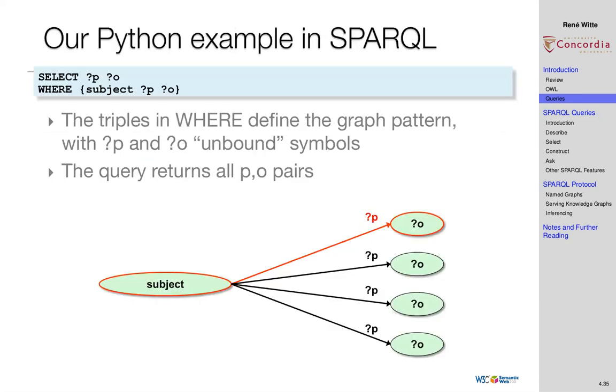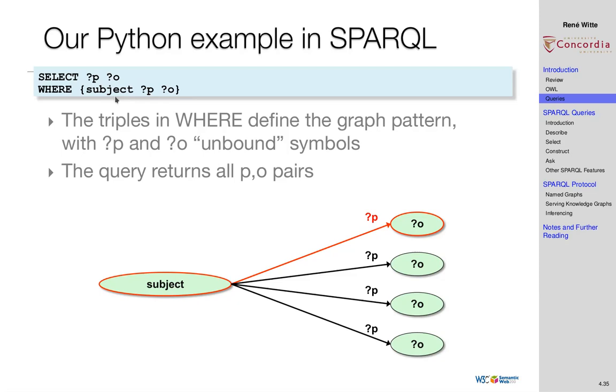Now, how do you translate this Python example into a SPARQL query? This would look like this. There is a command select, and we want to select predicates and objects that match this triple pattern. So you can see here, this is a triple, SPO. And in this triple pattern, P and O are undefined. These are variables. And the subject is defined. So again, this is a fixed URI.